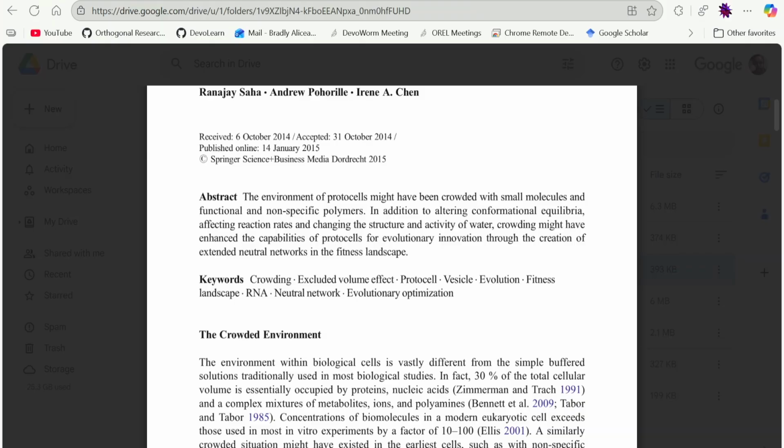In addition to altering conformational equilibria, affecting reaction rates, and changing the structure and activity of water, crowding might have enhanced the capabilities of protocells for evolutionary innovation through the creation of extended neutral networks in the fitness landscape. So neutral networks are a tool that people use to look at different equivalent states of evolutionary change. In terms of fitness, there are these networks that are equivalent in terms of their fitness.